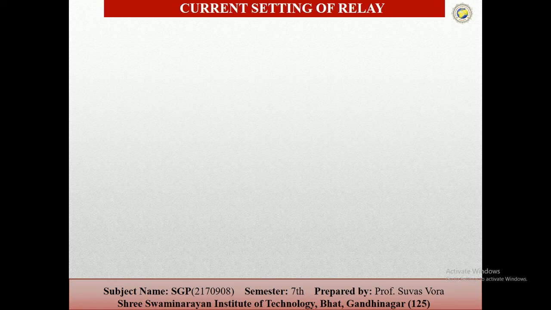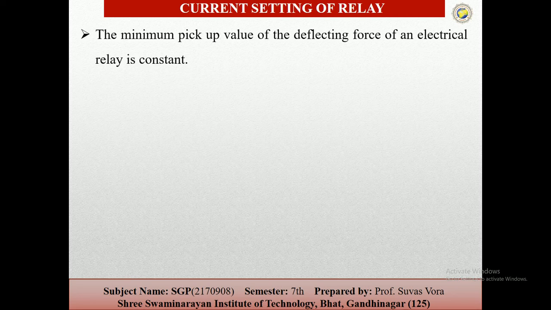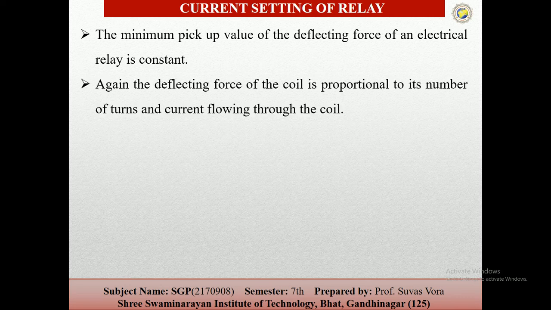Now the current setting of the relay. The minimum pickup value of the deflecting force of the electrical relay is constant. That means that the pickup value जो है उसकी मिनिमम वैल्यू में कंसिडर करता हूँ तो डिफ्लेक्टिंग फोर्स इलेक्ट्रिकल रिले इज कांस्टेंट. The deflecting force of the coil is proportional to its turns and the current flowing through the coil.